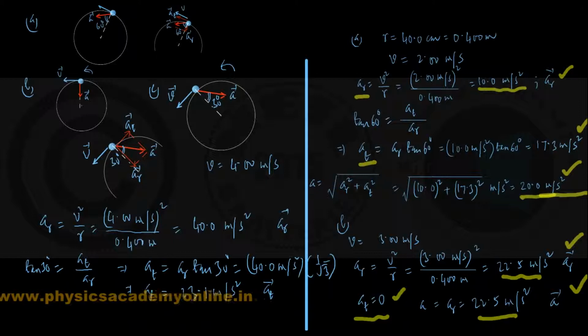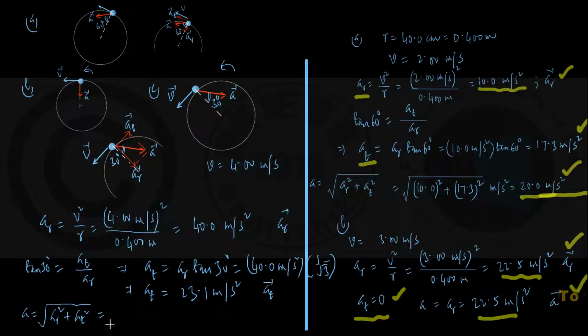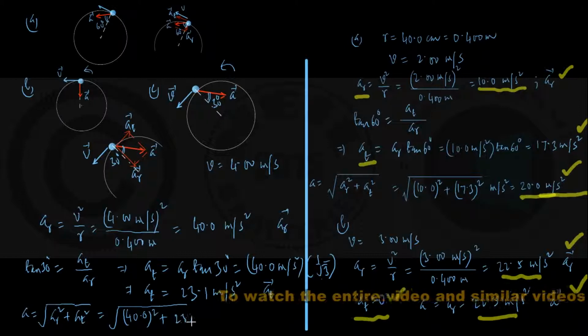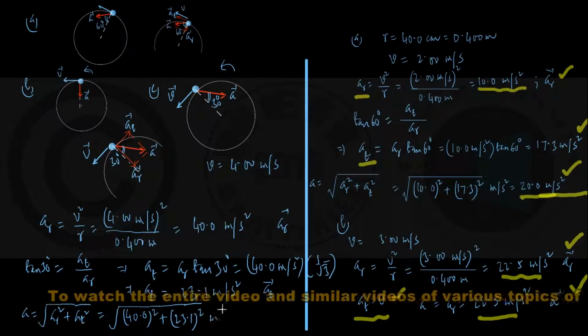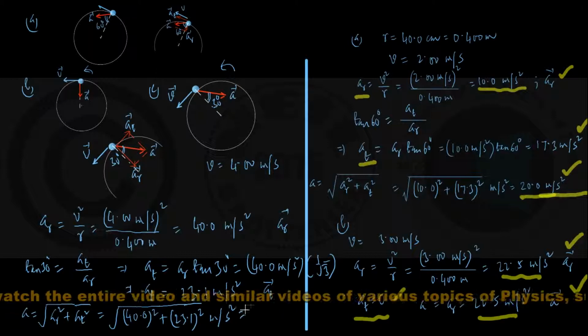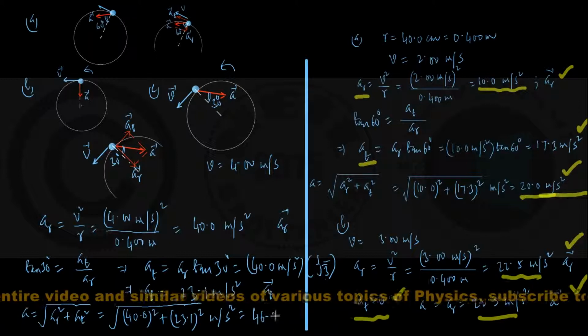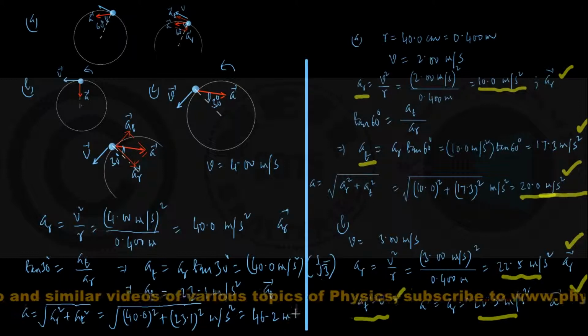And therefore, by the parallelogram law, we can also find that the total acceleration has a magnitude given by the square root of a_R squared plus a_T squared. Putting the values, this is the square root of 40.0 squared plus 23.1 squared, whole thing under square root, meters per second squared, that is, I am getting 46.2 meters per second squared.